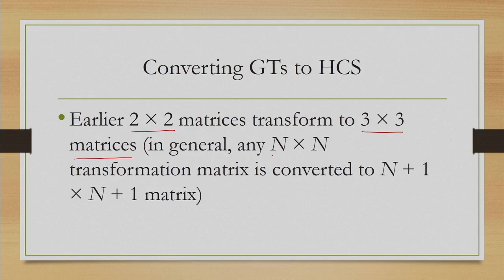In fact, in general, an n by n transformation matrix is converted to an n plus 1 by n plus 1 matrix. Now, if we represent a 2D transformation matrix using a 3 by 3 matrix, then we will be able to represent translation as well. So, our earlier problem will be resolved.